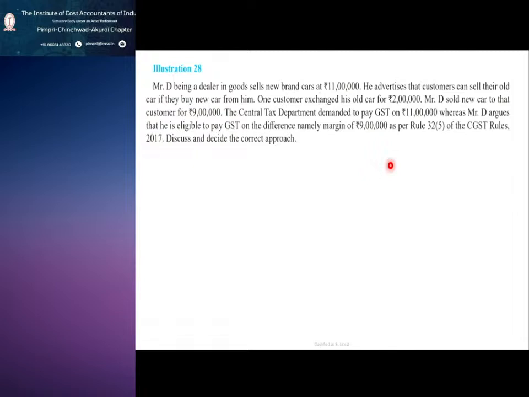Now the department says you have to pay GST on 11 lakhs and not on the 9 lakhs. So whether the department is right or whether the dealer is right. Dealer pays GST on 9 lakhs. Department says 11. So who is right here?